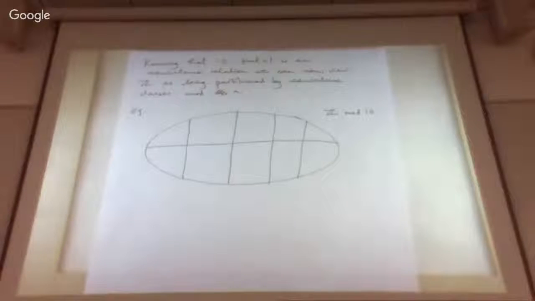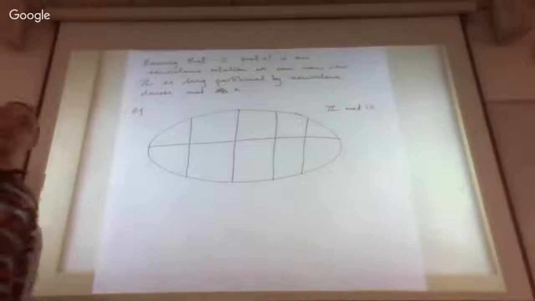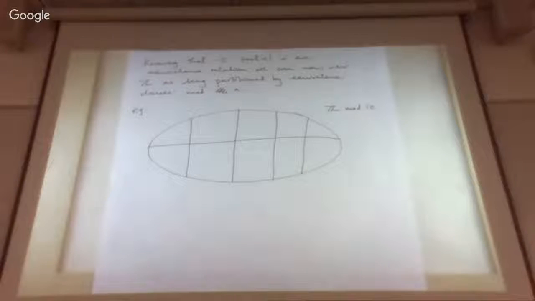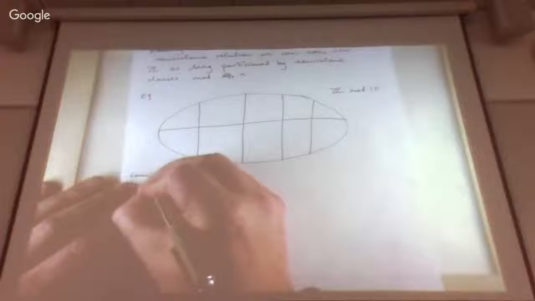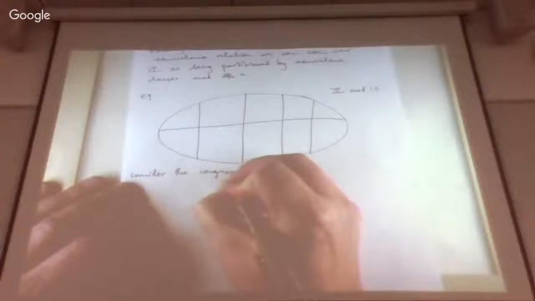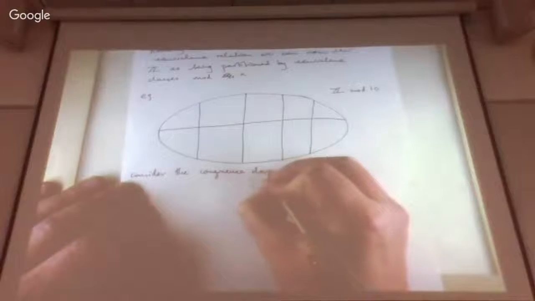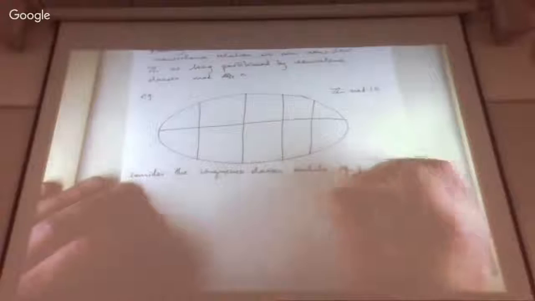These are the equivalence classes modulo 10. We don't keep talking about equivalence classes; the name we use is congruence class. So we consider the congruence classes modulo 10. When we're talking about the relation of congruence, we talk about the congruence classes modulo 10.